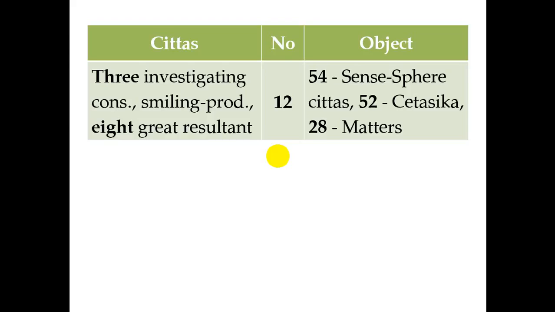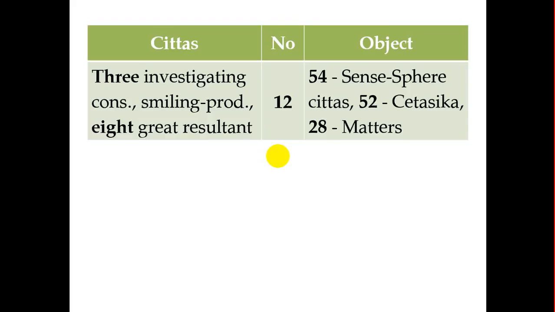These 12 chaitas take sense sphere objects. When we talk about the sense sphere, as you all know, we have 54 chaitas, right? These 54 chaitas are associated with 52 chaitasikas as well as 28 mattas, right?